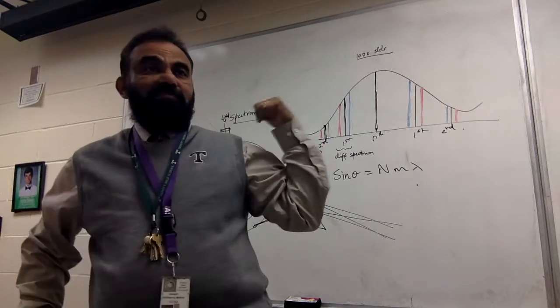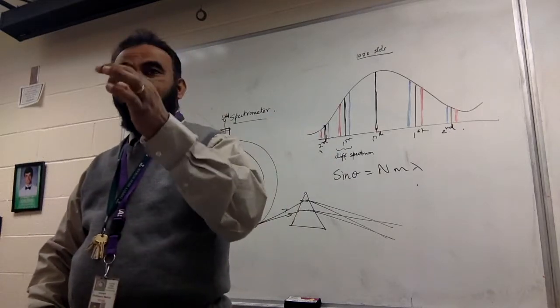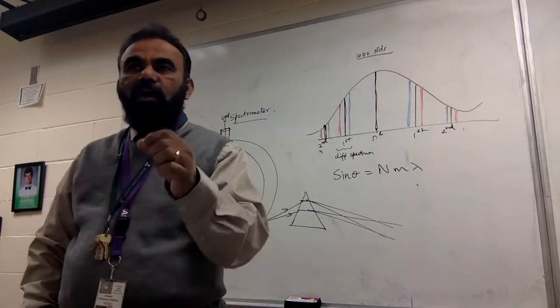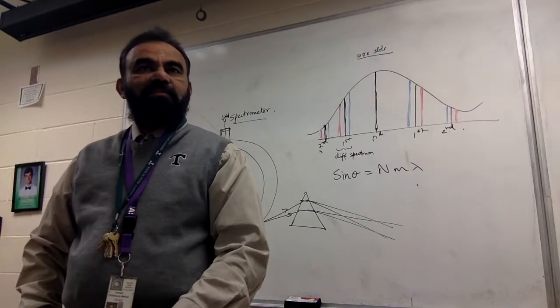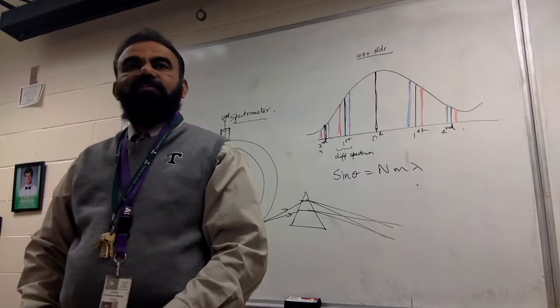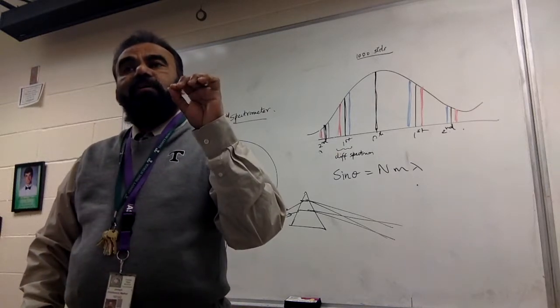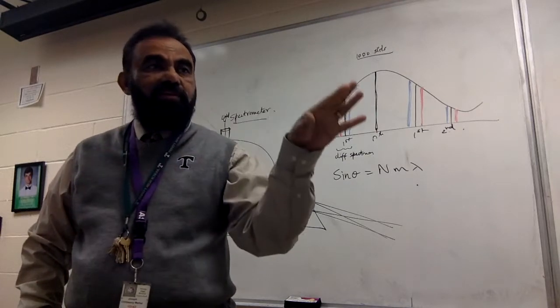But a spectrometer actually measures the actual wavelength of that light that's coming out. For copper, it should have one wavelength. And if it's coming from a different element, it should have a different wavelength. Every wavelength coming out from every different atom is unique.